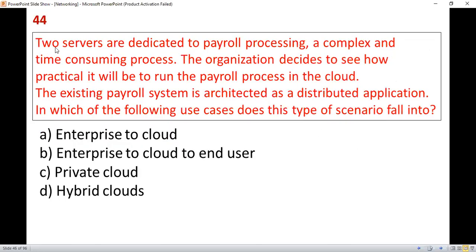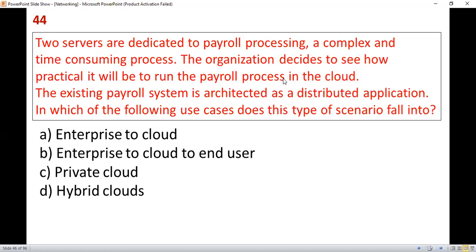Okay, the next question. Two servers are dedicated to payroll processing, a complex and time consuming process, and the organization then decides to see how practical it would be to run the payroll process in the cloud. The existing payroll system is architected as a distributed application.